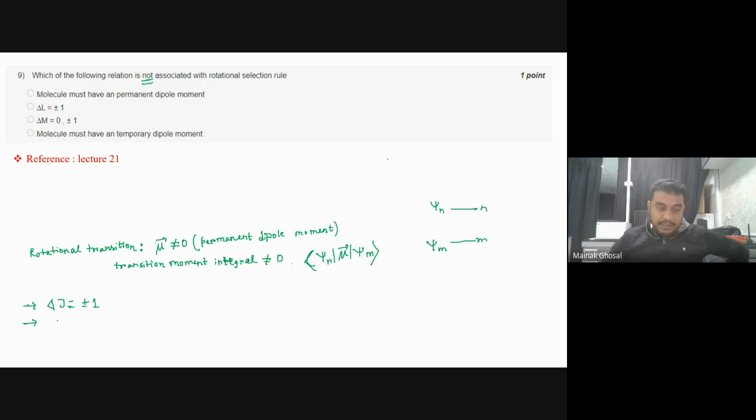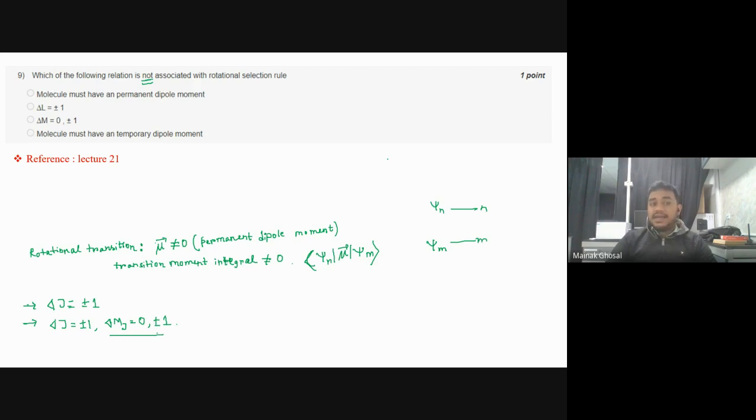So there will be a new selection rule: delta J plus minus 1 will still be there, but also delta Mj can have only the values 0 and plus minus 1. This is also a selection rule when the degeneracy is broken: the transition between two Mj levels should have delta Mj equal to 0 or plus minus 1.